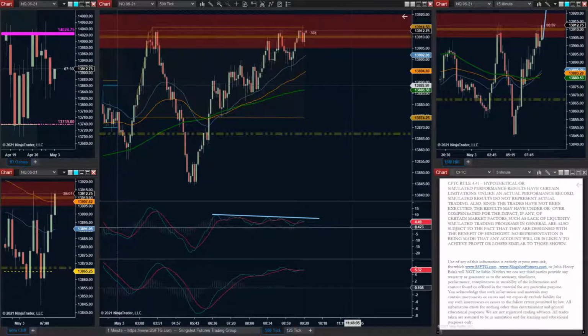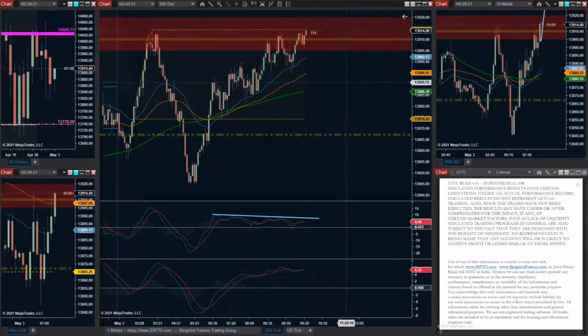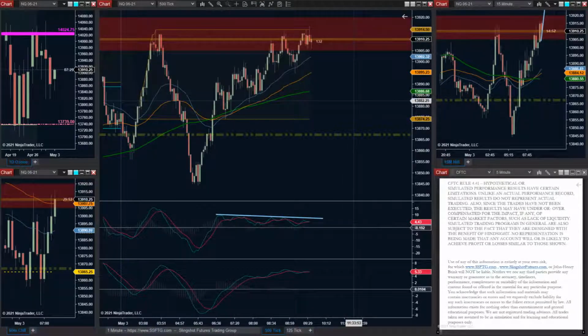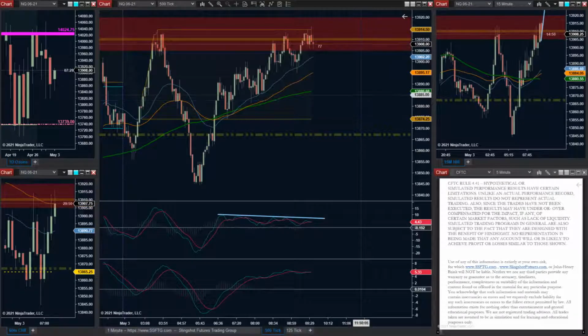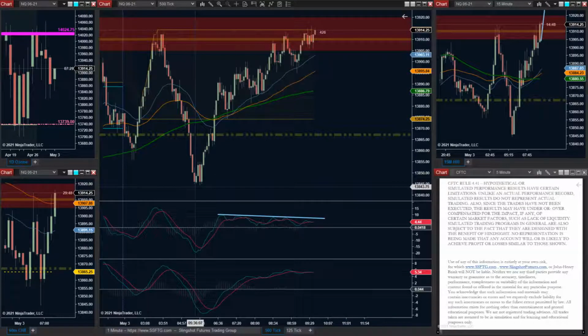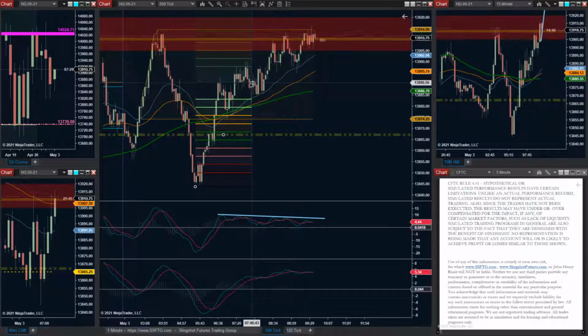NASDAQ still in the zone of resistance. If they're going to break it, they've got to break above. Oh, right at 9:30, they made like, what, a 2-tick new high? Oof. Buyers are going to be looking for a little bit of a deeper pullback. From this perspective, we've only got an L2.